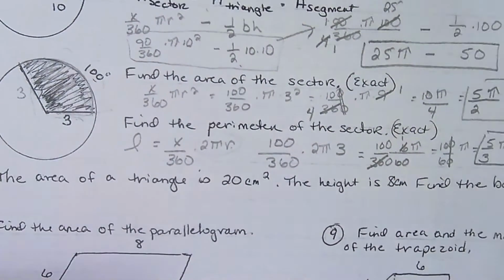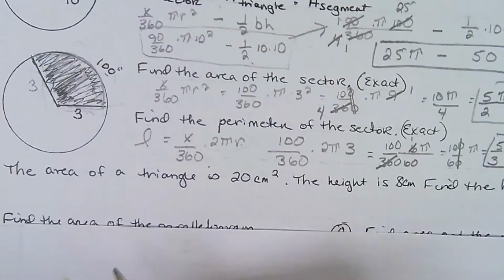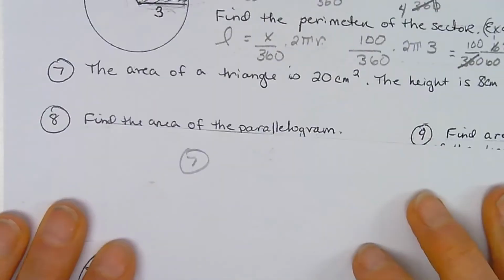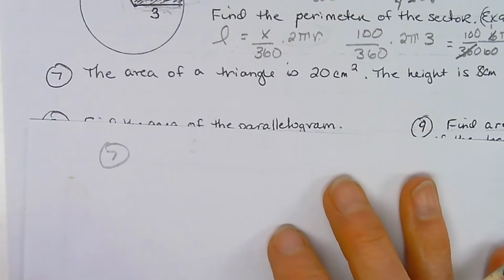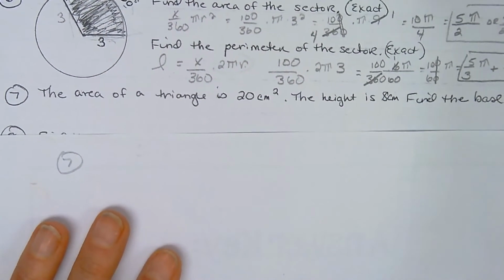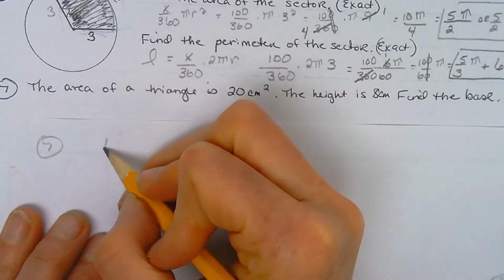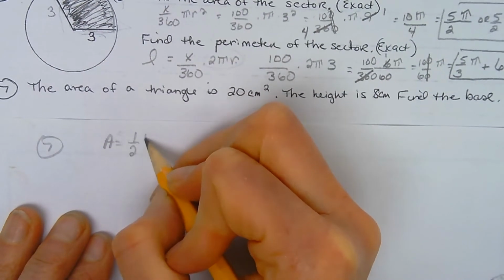Number 7. We're told that the area of a triangle is 20 centimeters squared, and the height is 8 centimeters. Find the base. Okay, first thing I want to write down is the formula. Area equals 1/2 base times the height.